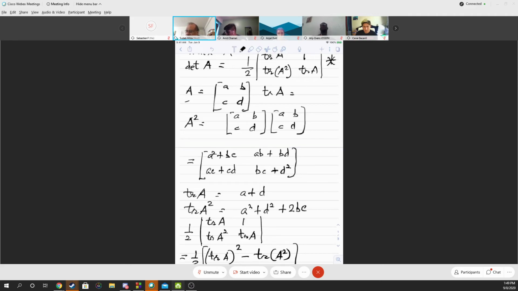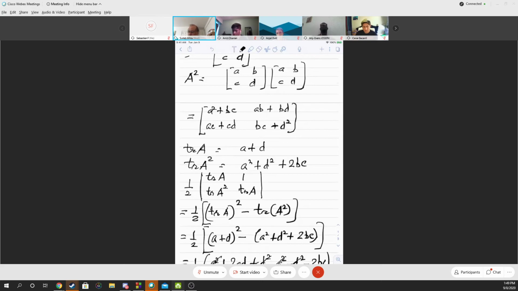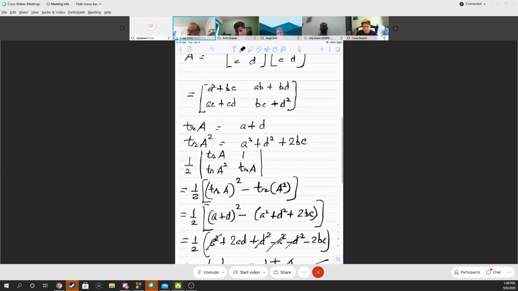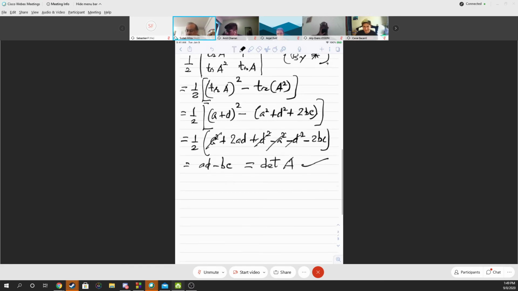Trace of A is A plus D. Last time we did a lot about trace. And what is trace of A squared? Sum of the diagonals. And so by star, this is what we have. And then it's just routine multiplication, just routine calculation, that's all.